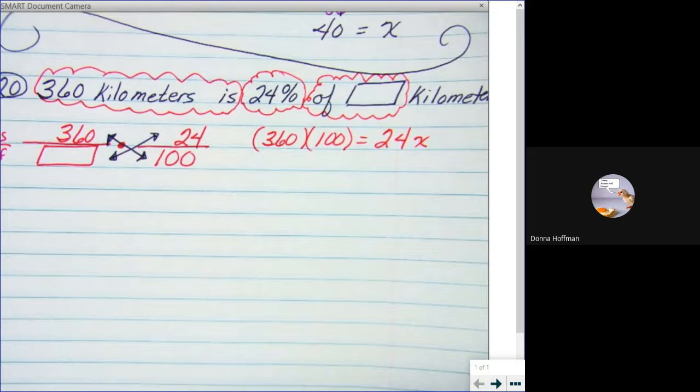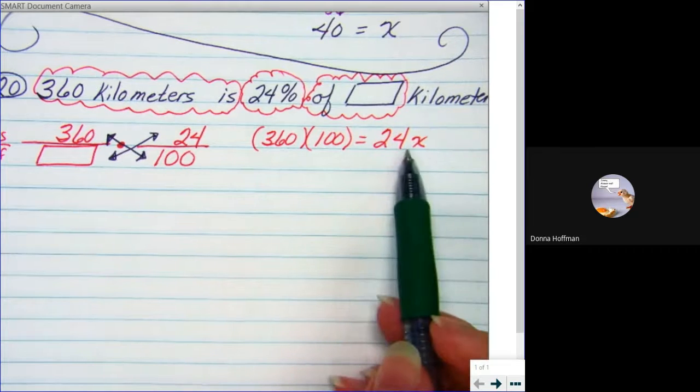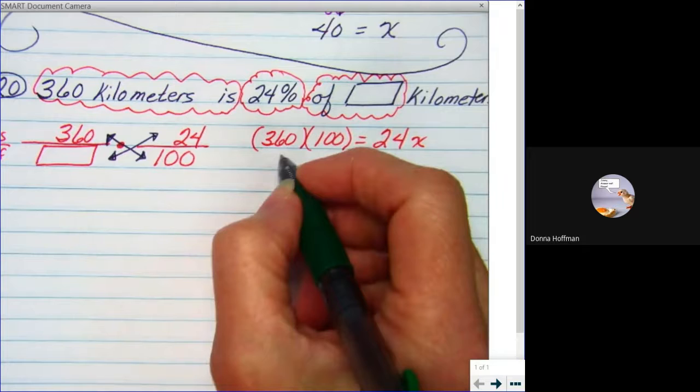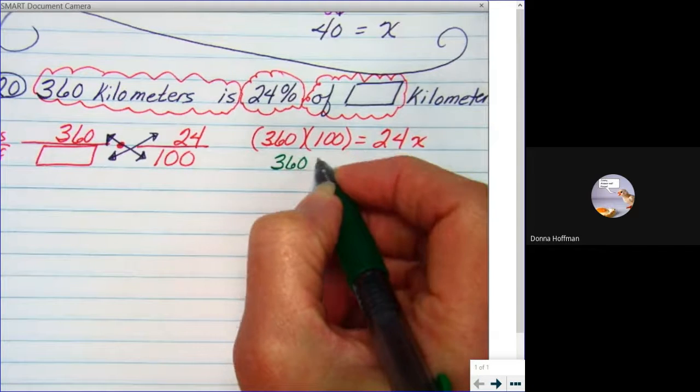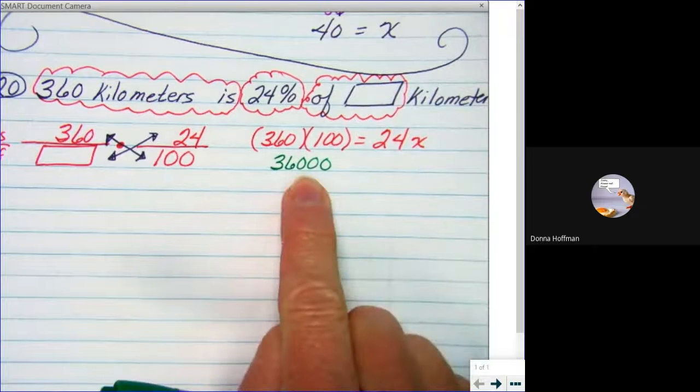Are you writing it down? Did you already solve this one? And you're just waiting for me? Almost? What'd you get? 900? Did you get this part of it here down? Okay. And then did you get 36,000?